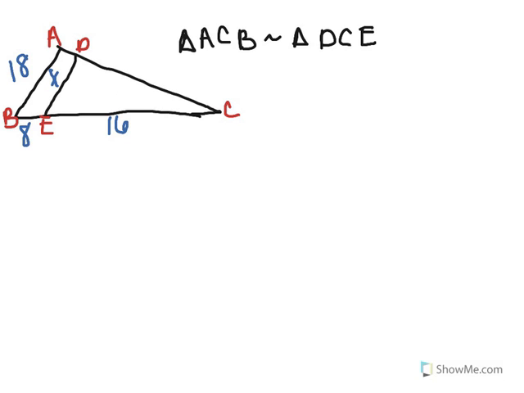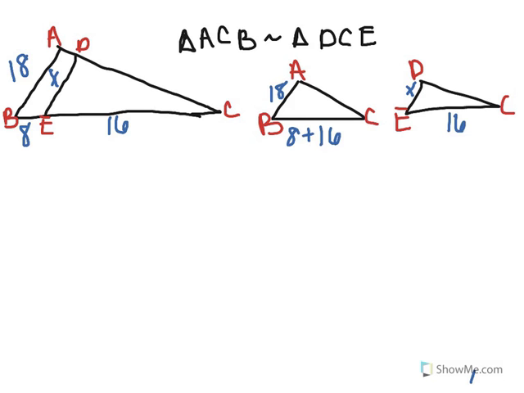Alright, sometimes you will already be told that your figures are similar, and you'll be asked to find a missing side length. And on occasion, you will have your figures kind of stacked up on top of each other like this. The first thing you want to do is pull them apart and label them separately. Make sure when you're labeling triangle ABC that you're including all of this length, and it was going to be 8 plus 16, which is 24.